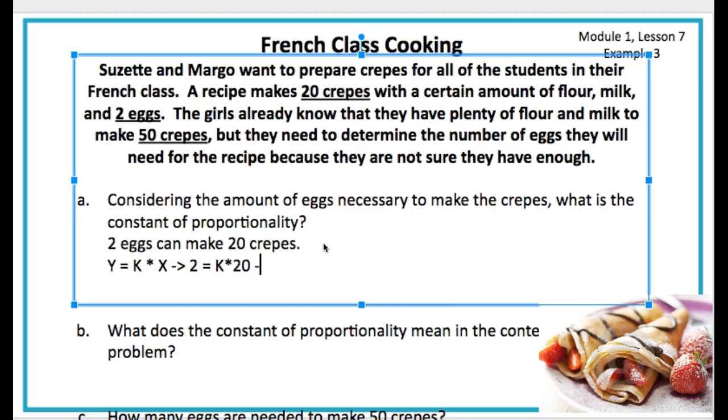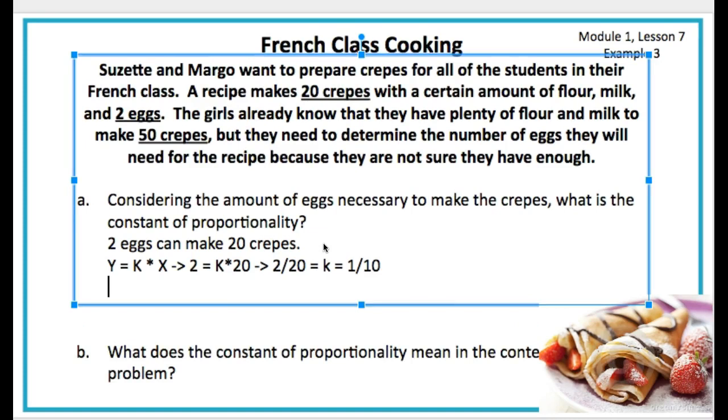In order to solve for k, we're going to divide by 20 on both sides. 2 divided by 20 equals k, which equals 1 over 10. So the constant of proportionality is 1 over 10.